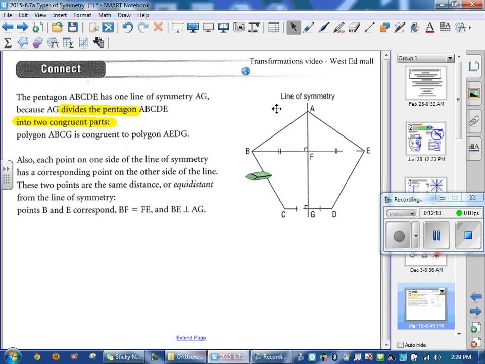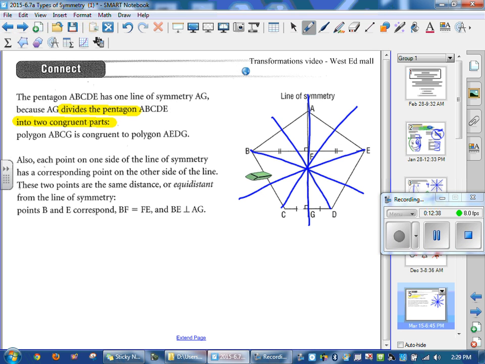You have to cover it exactly identical if it's going to be a reflection. Okay? So, where they should have drawn is from here through and cutting the other side. From a vertex to cut the other side. From a vertex to cut the other side. Vertex, cut the other side, and a vertex to cut the other side. And they will all meet in the middle always. Okay? So again, this guy being a pentagon will have 5.